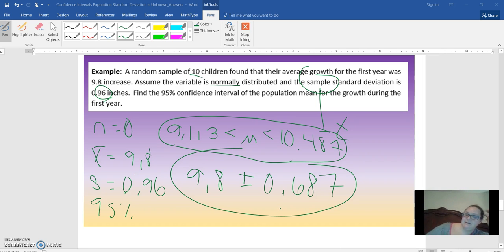Okay, and so this means I'm 95% confident that children will grow in their first year between 9.113 inches and 10.487 inches. Or I could say I'm 95% confident that the children will grow 9.8 inches, give or take 0.687 inches.